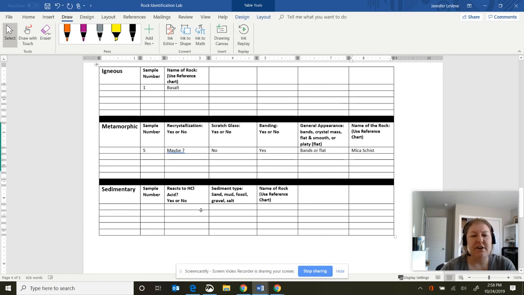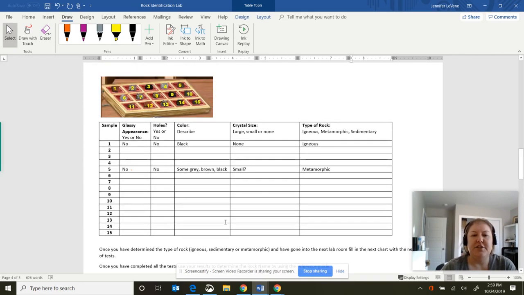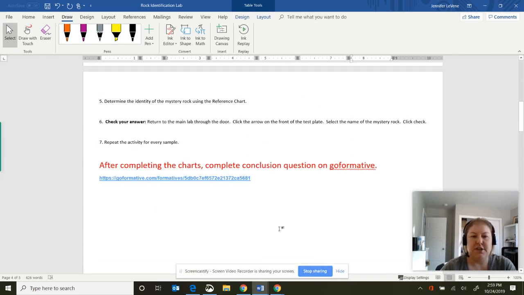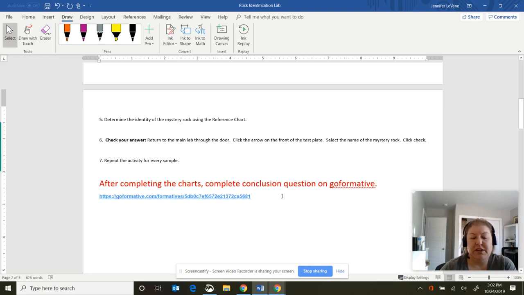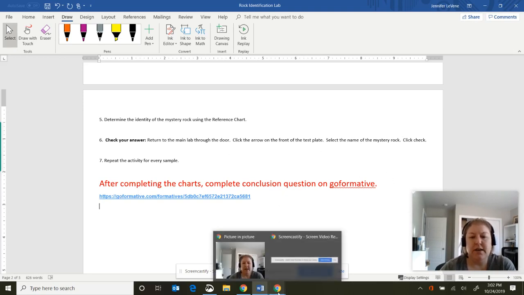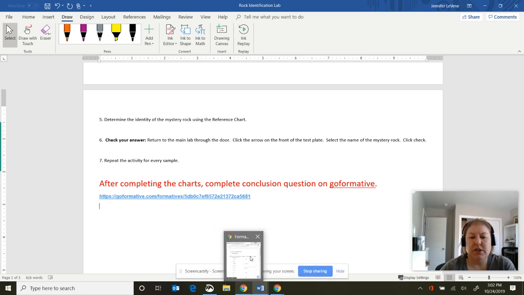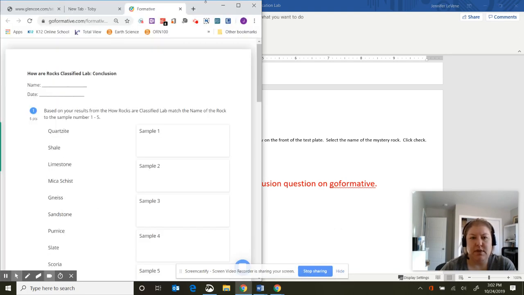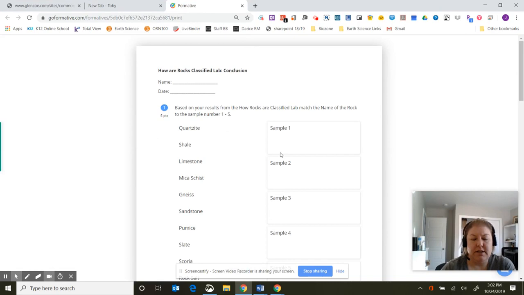So sedimentary rocks is the exact same thing. You're going to go in and fill those out. You're just going to go through and check the samples. Okay. After you're done filling out the charts, you're going to have to go to Go Formative and put your results in there to be graded. So I'm just going to pull up the actual document.